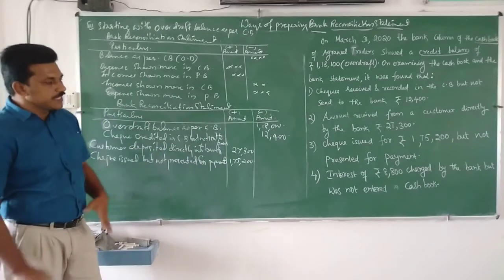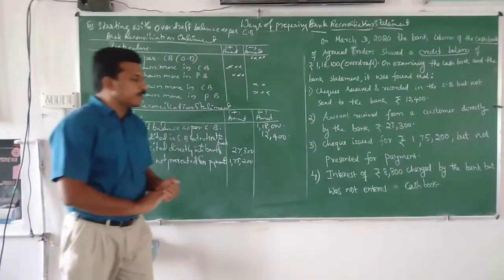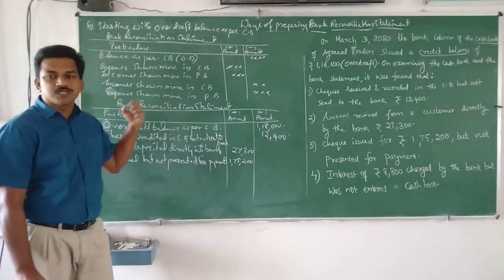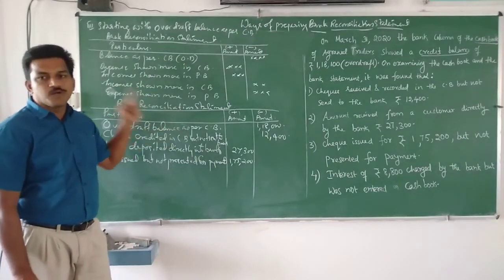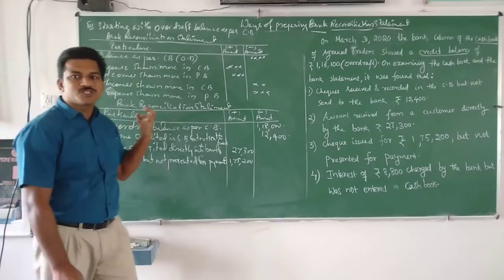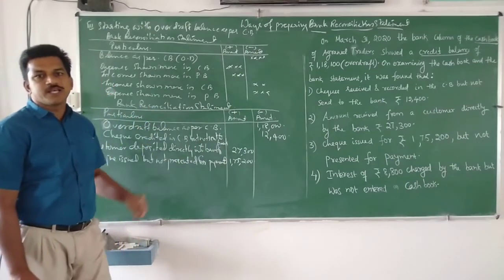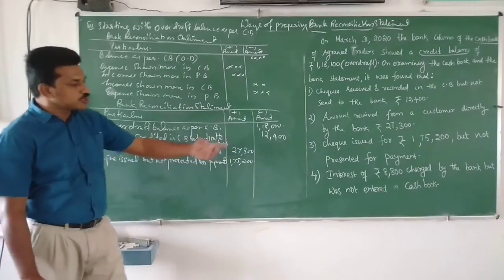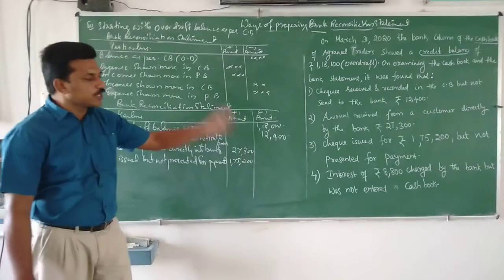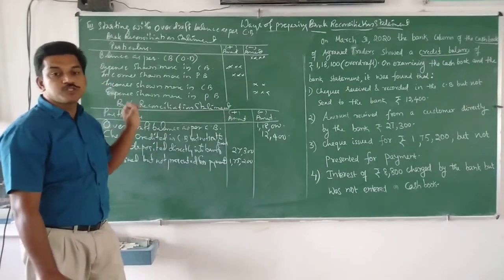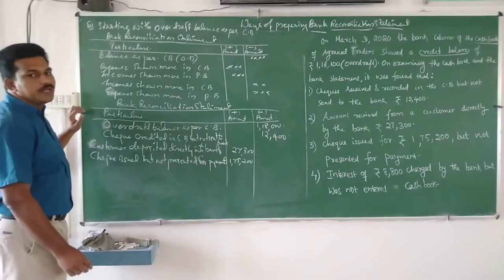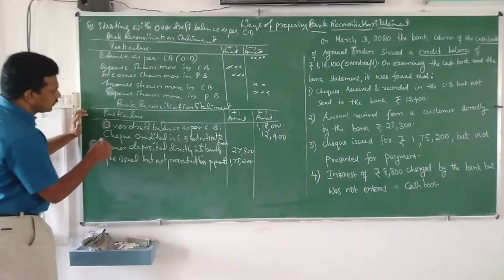Then next, interest of rupees 8,800 charged by the bank. Why does the bank charge interest? Because of overdraft. We have overdraft, for that interest is charged by the bank. So it's an expense to us. Expense shown in passbook, but it is not entered in cash book. Expense shown in passbook can be deducted.